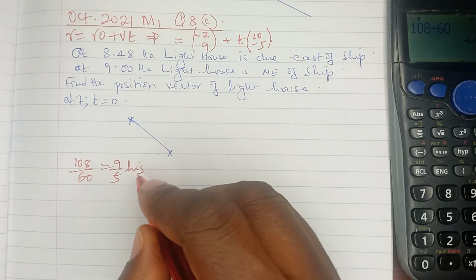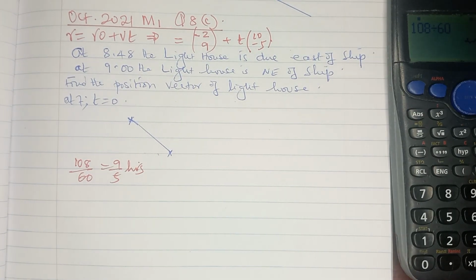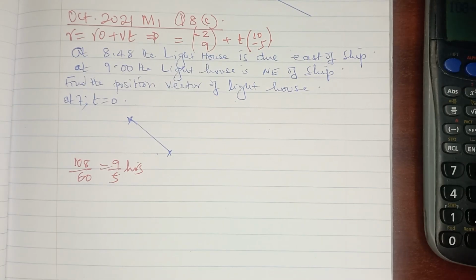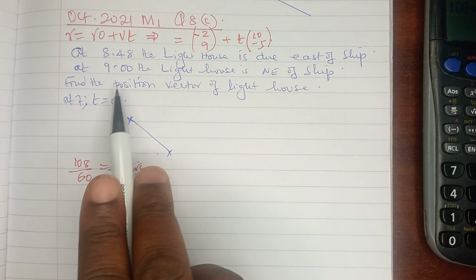After 9/5 hours, the lighthouse is due east of the ship. But we want to know where the ship itself is at 8:48.